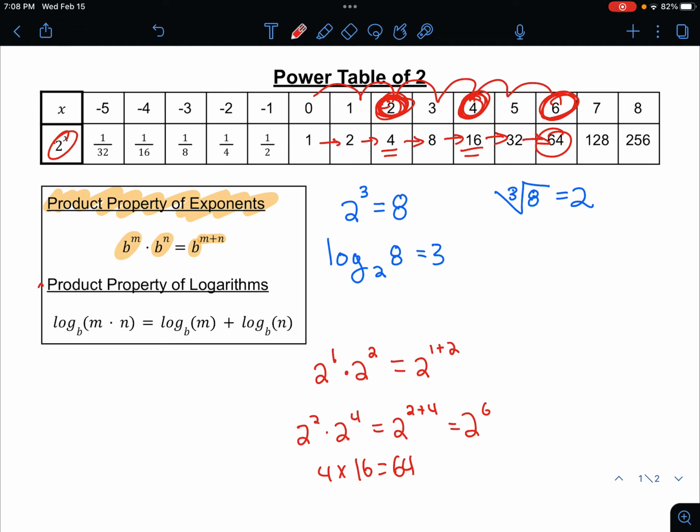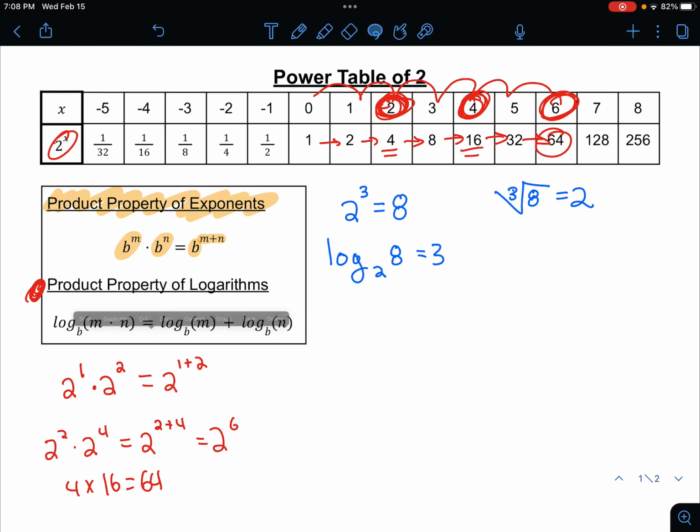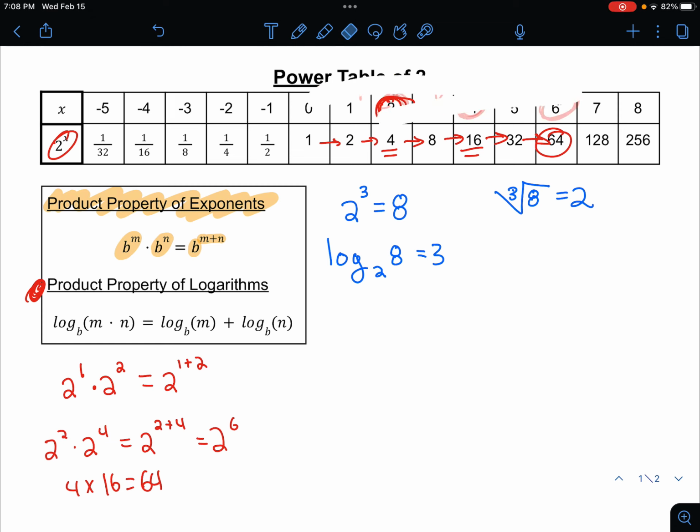And this product property of logarithms is going to be the same thing, but just in reverse. So rather than focusing on the exponents and doing rules with the exponents, it allows us to focus on the result.